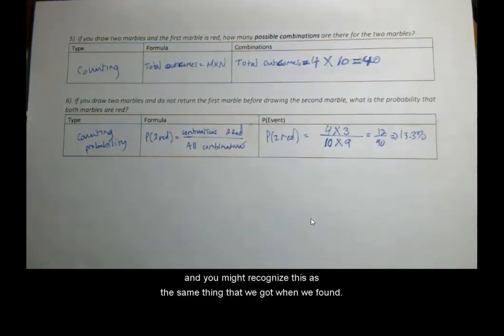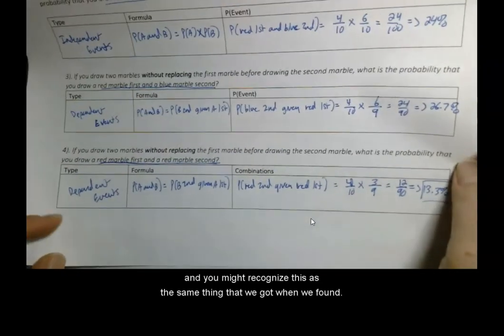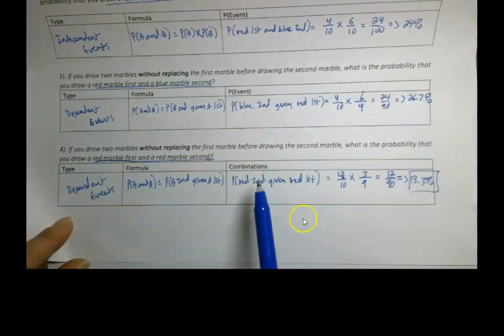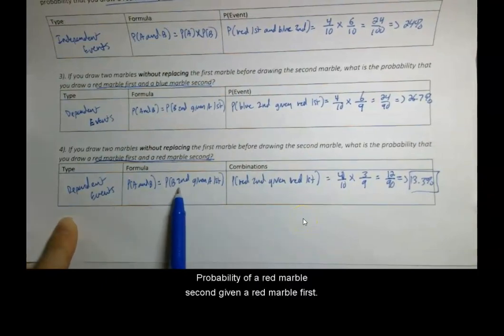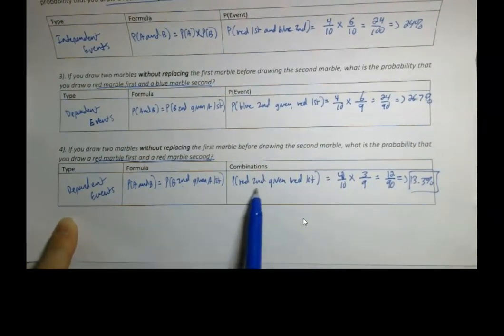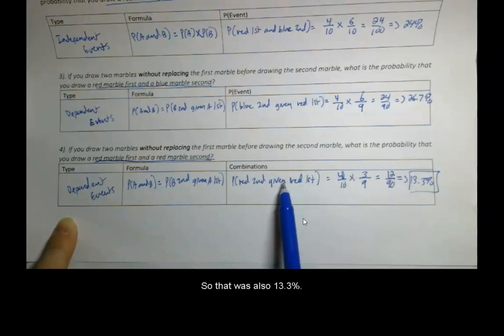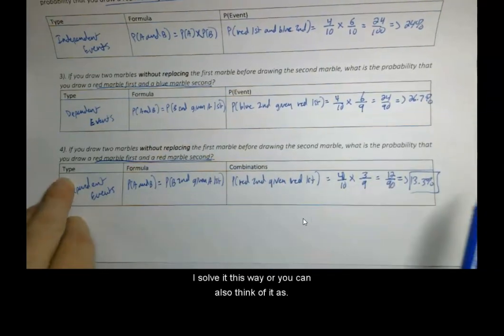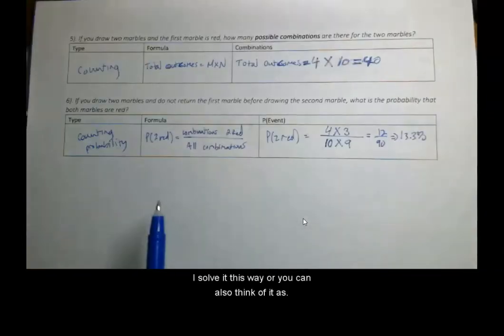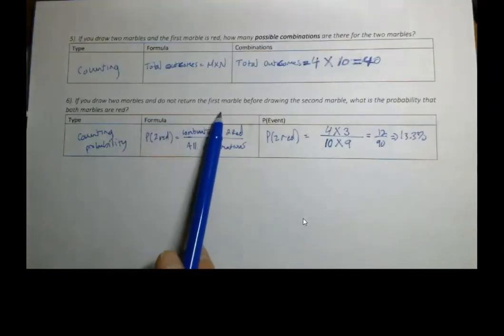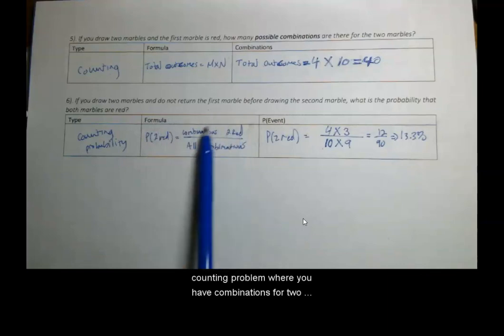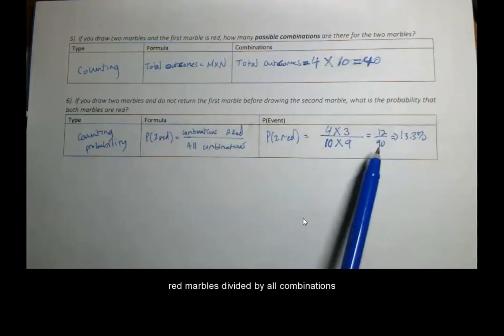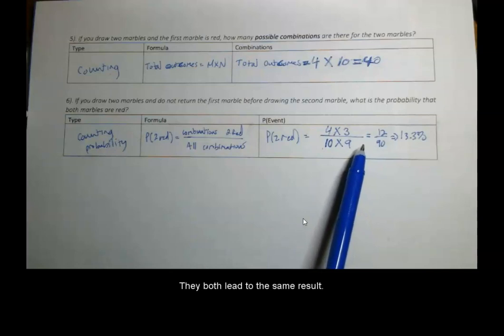And you might recognize this as being the same thing that we got when we found the probability of a red marble second given a red marble first. So that was also 13.3%. You can think of this as dependent events and solve it this way, or you can also think of it as a counting problem, where you have combinations for 2 red marbles divided by all combinations. They both lead to the same result.